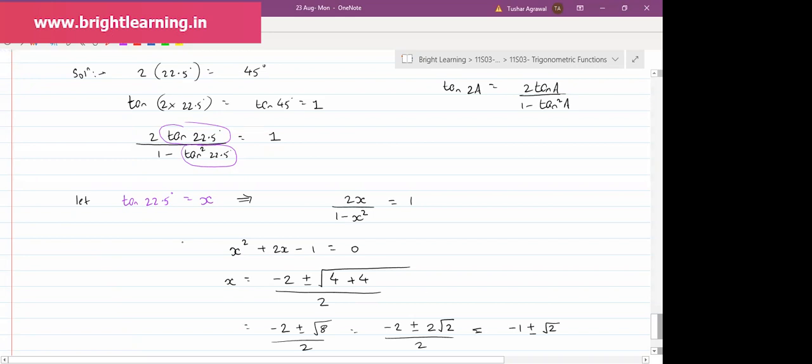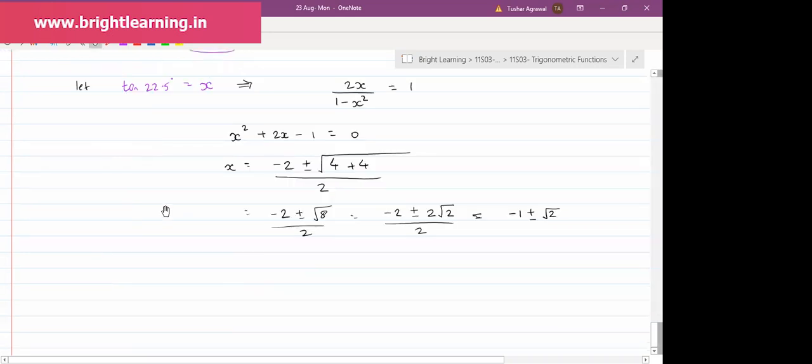Now some value means tan of a value. It cannot have more than one value. It has to be unique. So should we take minus 1 plus root 2, or should we take minus 1 minus root 2? Which one? So now we observe that 22.5 degree is in the first quadrant. So tan in the first quadrant, the tan value is positive.